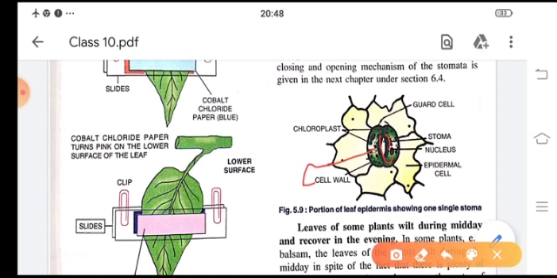But during night time, the food which is manufactured here is transported through the epidermal cells or the side cells of the stomata, and the guard cells become flaccid, and the stoma between the guard cells becomes closed. So this is the closing of stomata.